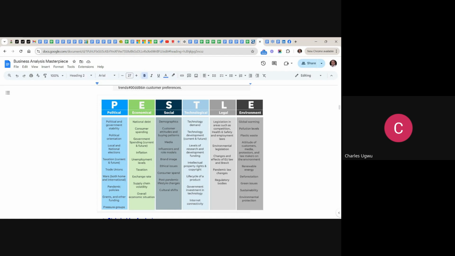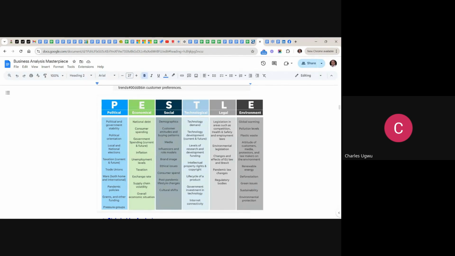Political instability can come in so many ways. A country can be having unrest, like civil war or things like that. Or political orientation. We have local and national elections. We have taxation, and these are a lot that can affect our project. We have trade unions.